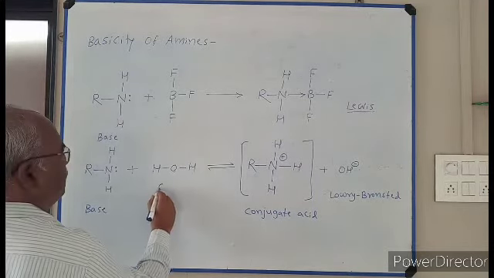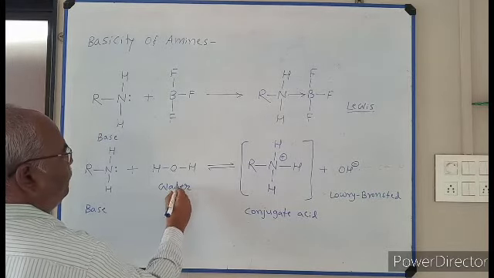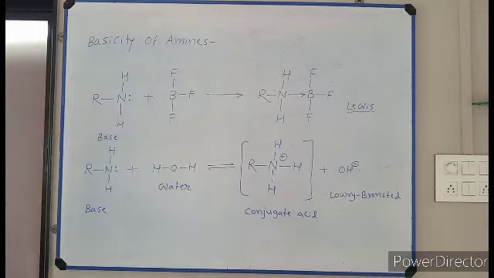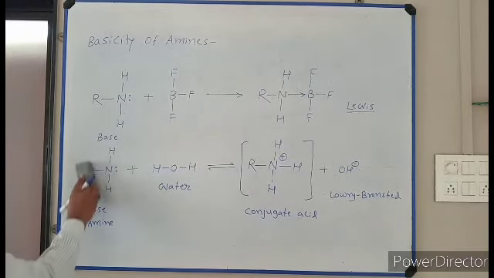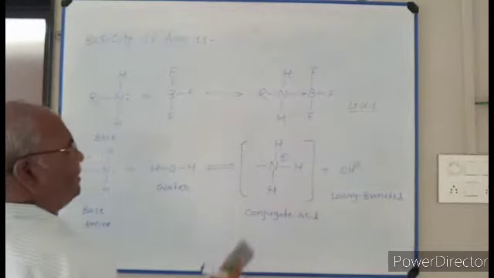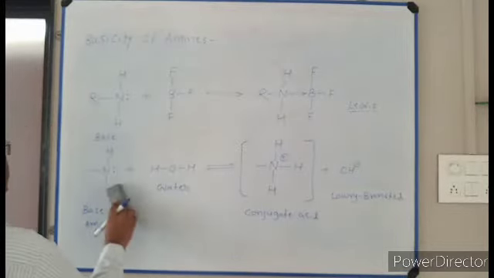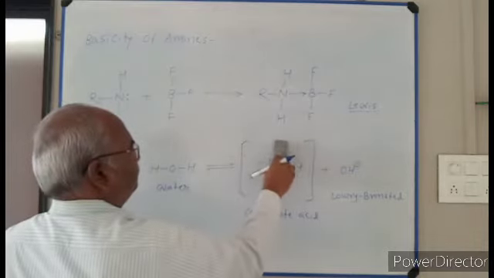This is the water molecule. This is the amine. Here you can take any amine. I remove this R. Also, I remove this R. It may be a primary, secondary, or tertiary amine.